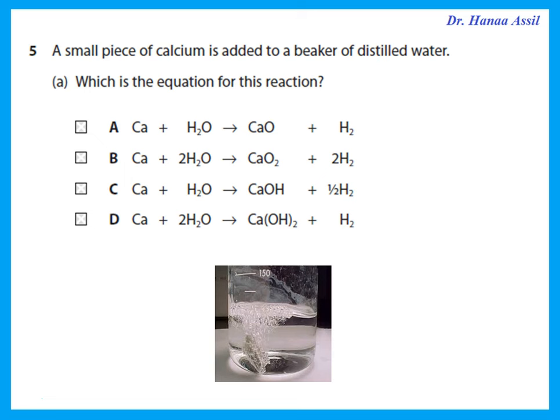So my answer is C or D, but remember, how do we write the formula of calcium hydroxide? Calcium is in group 2, so valency 2. So we have to put a 2 under the hydroxide, which has a valency of 1. And then we balance. So you can see that the balanced equation for this reaction is D.